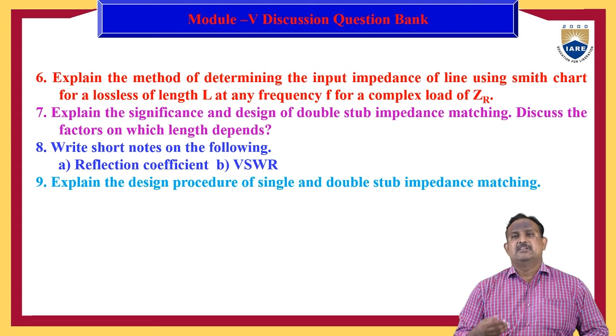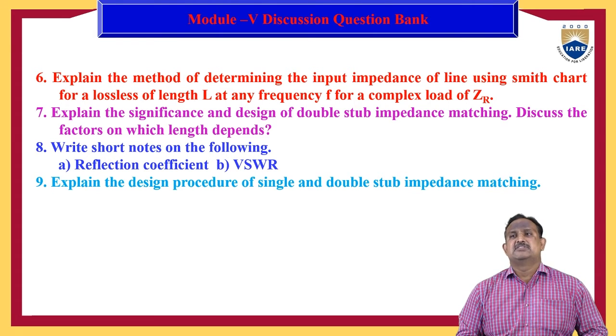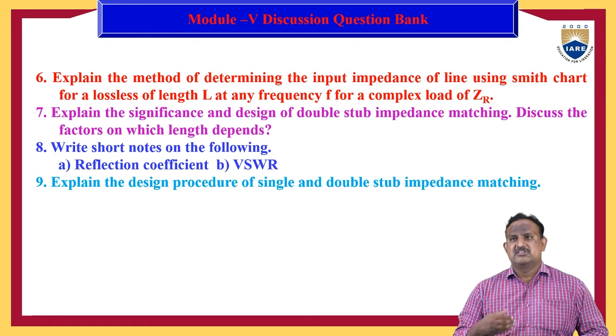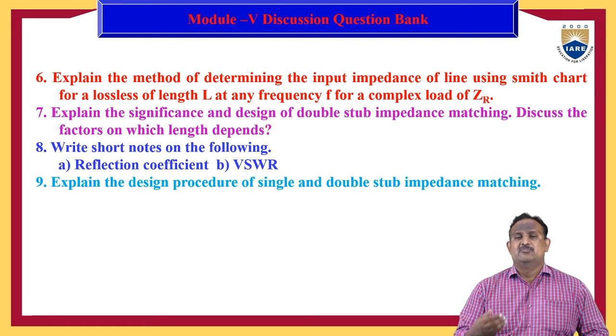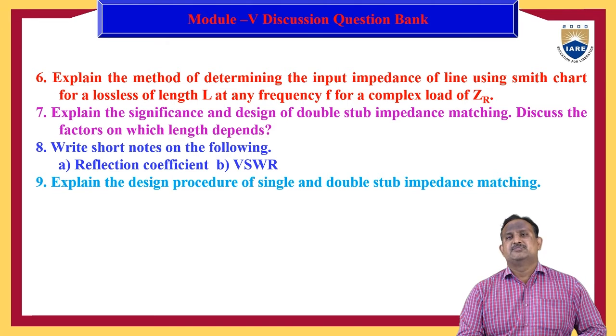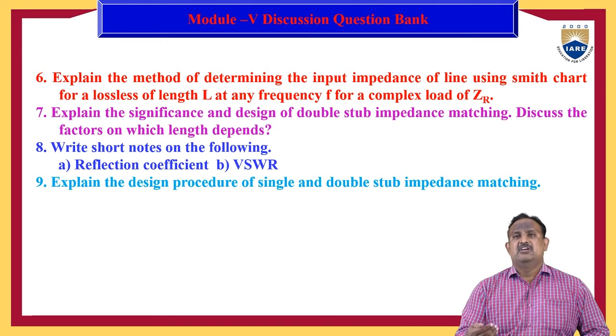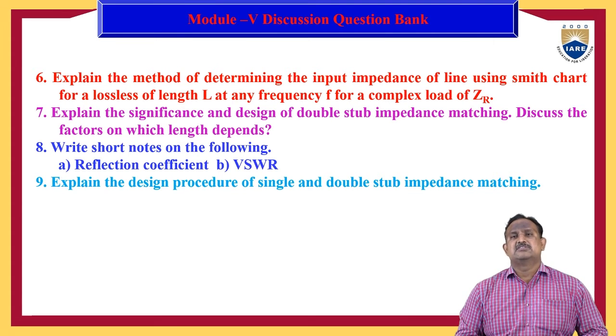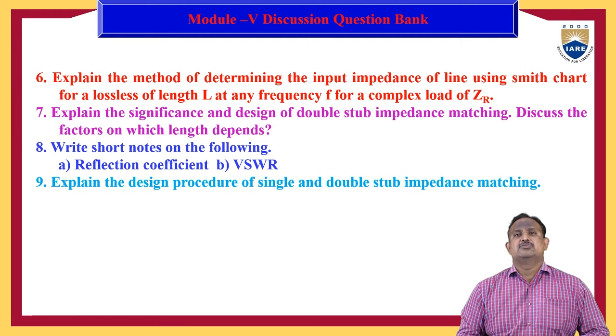Next, explain the method of determining the input impedance of a line using the Smith chart, explaining the different parameters. Explain the significance and design of double stub matching. For single stub, we derive the expression for single stub matching, and to avoid its disadvantages, we derive double stub matching. Write short notes on reflection coefficient and VSWR, voltage standing wave ratio.